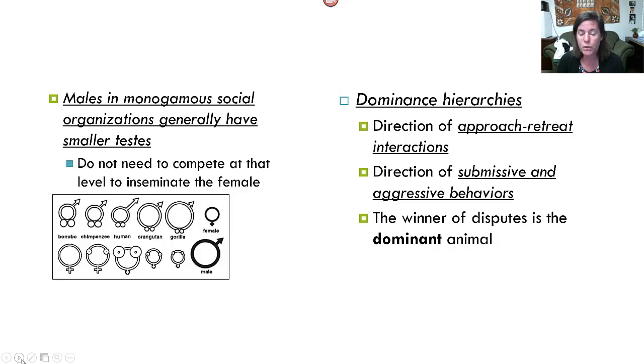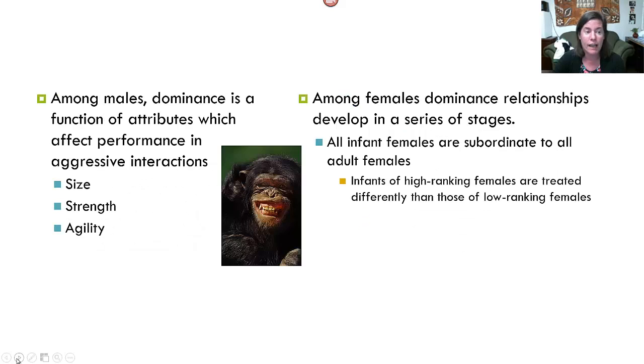The winner of the disputes is generally referred to as the dominant individual or the dominant animal. Among males, dominance is a function of attributes which affect performance in aggressive interactions. These include things like size, strength, and agility.